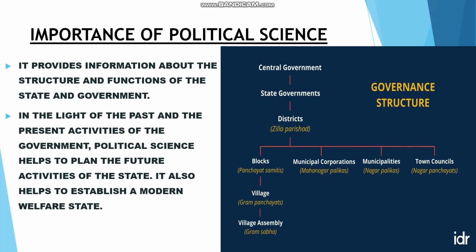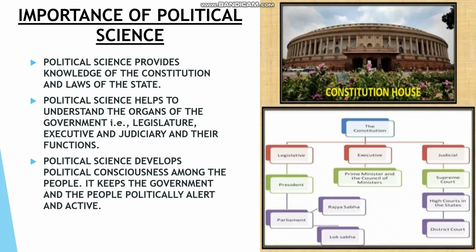In general terms, we can say it is the well-being of the citizens. How can we ensure the well-being of the state? When the citizens are secured socially and economically, then we can call it a welfare state. Understood? Now let's move on to the next point.